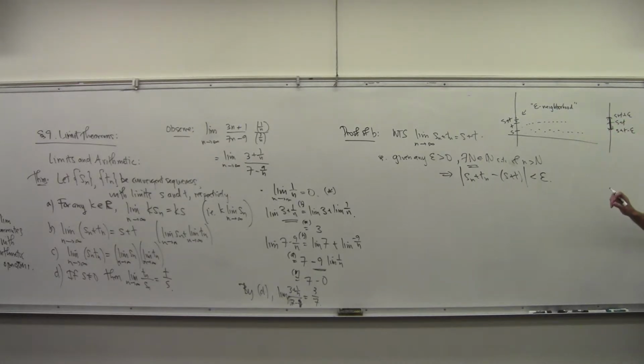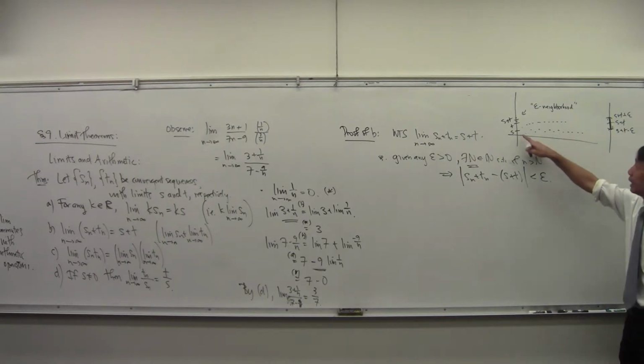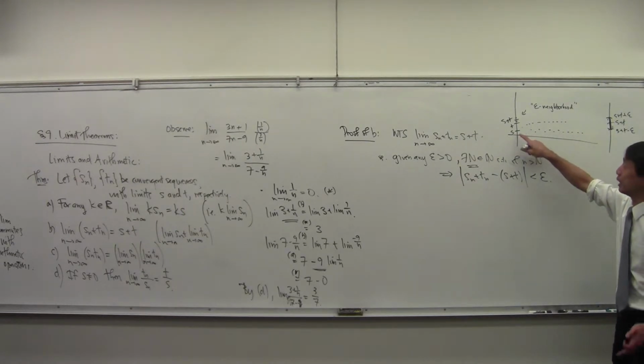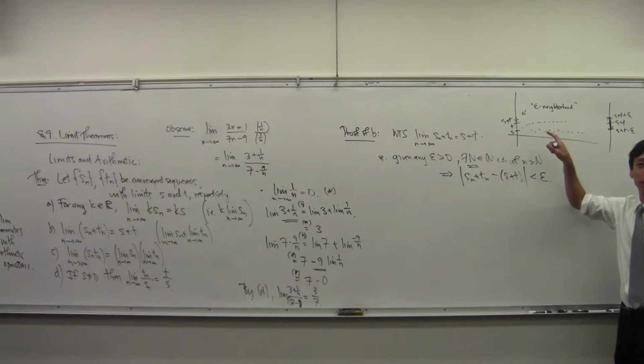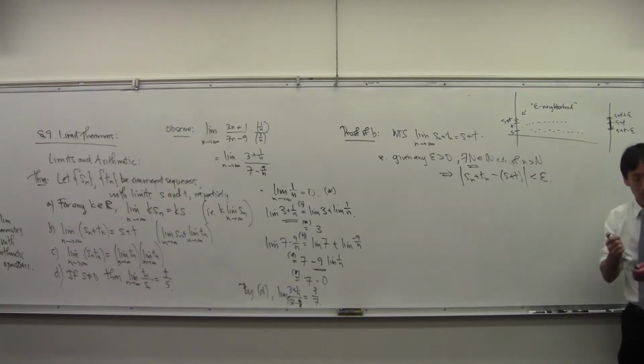Okay. How do we show that? Well, we know that given any epsilon neighborhood of S, we can make the guys within epsilon of S. We can do the same thing for T, right? So, does anybody see what we need to do? Right?